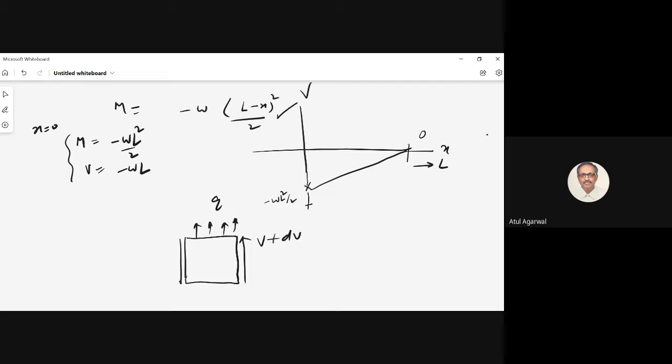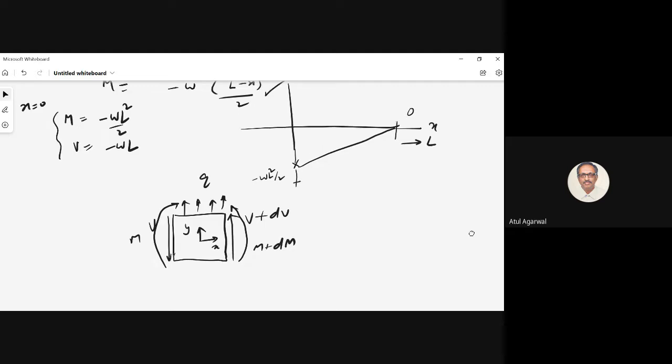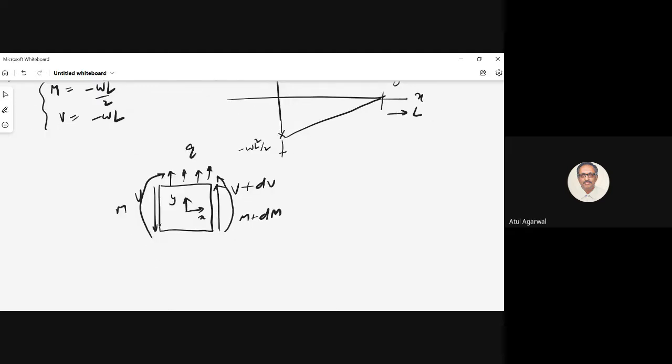Here you show this is V. So this is my counterclockwise moment, M plus dM. This is my clockwise moment, M. Now you have to do force equilibrium of this object. So this length is dx.